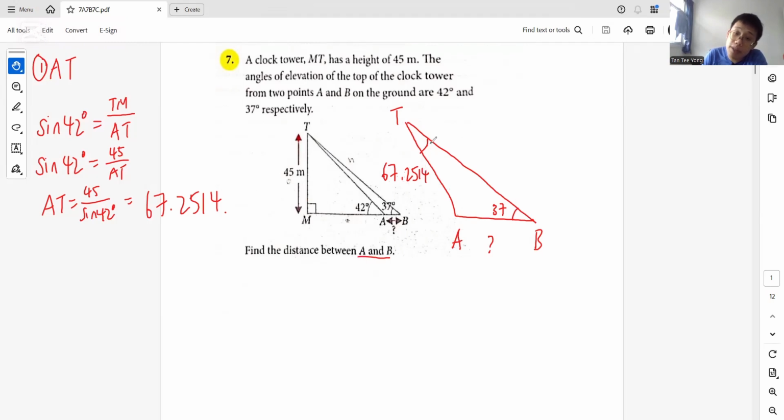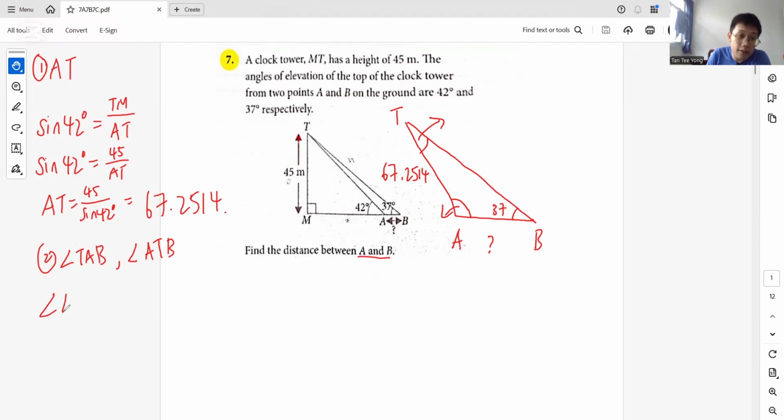What is the purpose? I want to make sure that I can use the sine rule. So number 2 is to find angle TAB, and after that, find angle ATB.